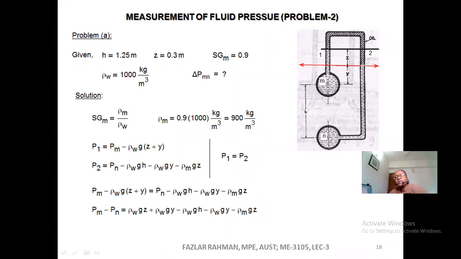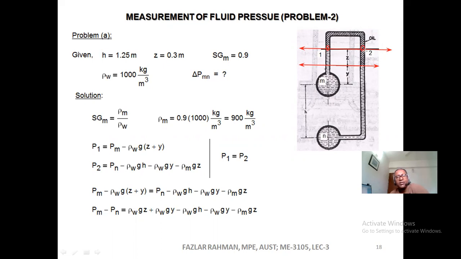You can say this is point A, this is point B. You can figure out the PA, PB. But I figure out right over here through the manometric fluid. Then you figure out pressure at point 1, pressure at point 2.